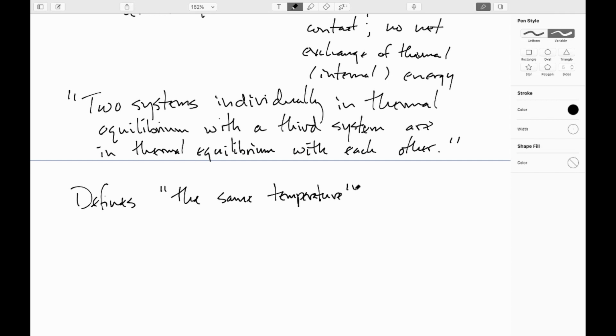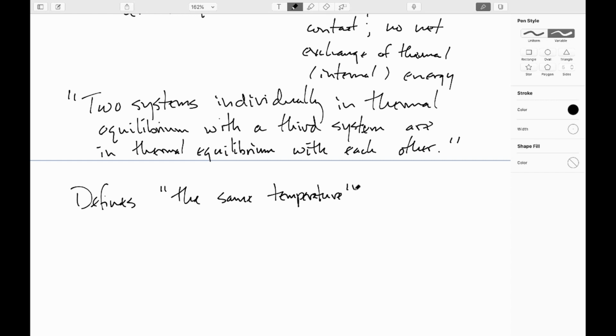So if we wait long enough, eventually we get to a point where, although there may still be collisions, they're just as frequent in each direction, transferring just as much energy in each direction, and then the thermometer doesn't change its reading anymore. Same thing would happen if I placed the thermometer in contact with the ice cube.